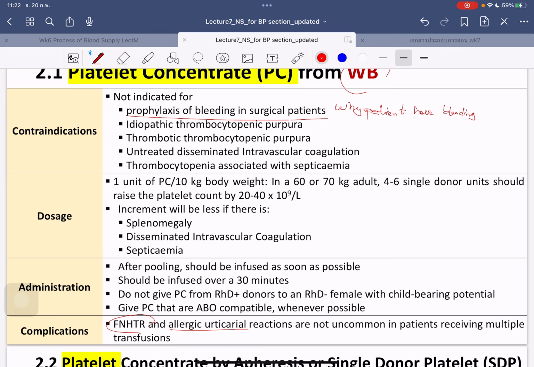As for the dosage of platelet concentrate from 4 to 6 donors, it is 1 unit per 10 kg of body weight. It means that if the patient weighs around 50 kg, how many units should be given? 5, right?